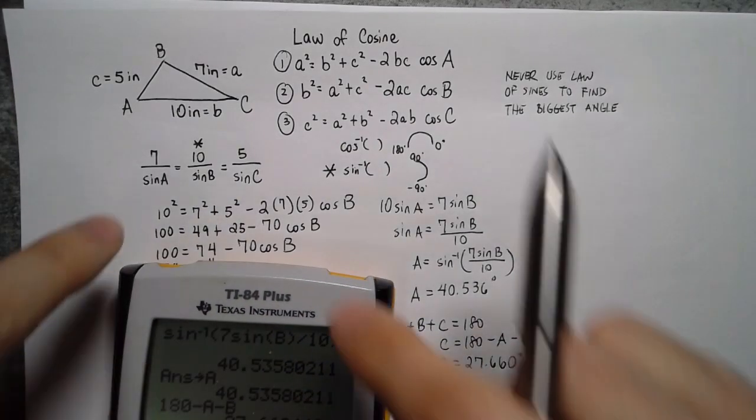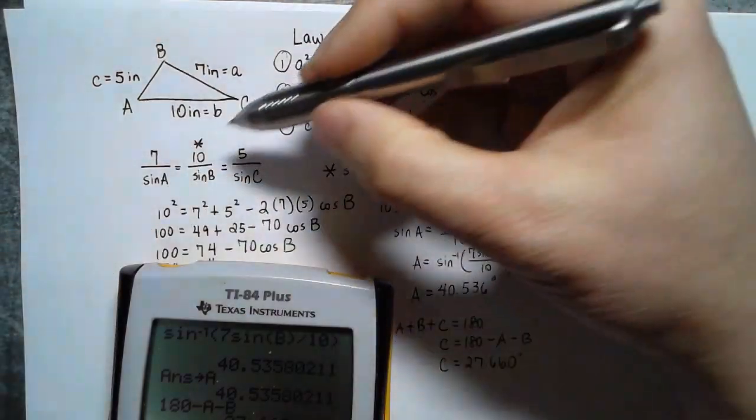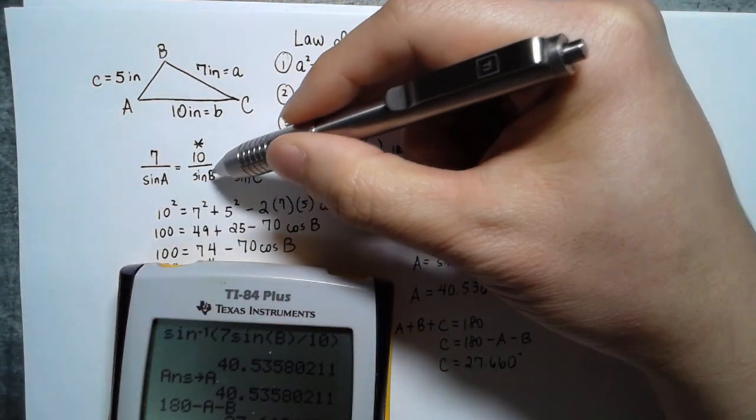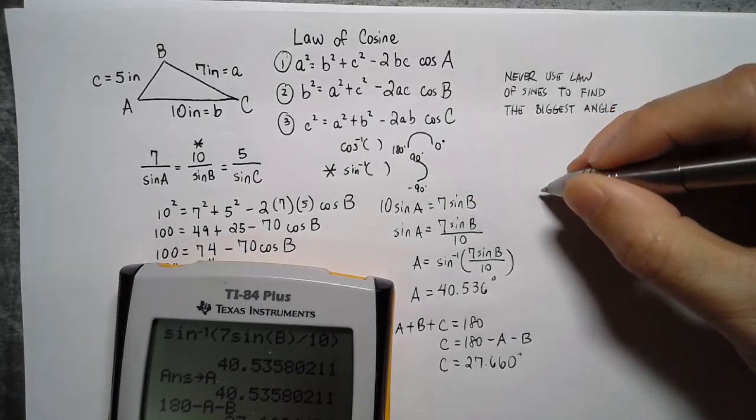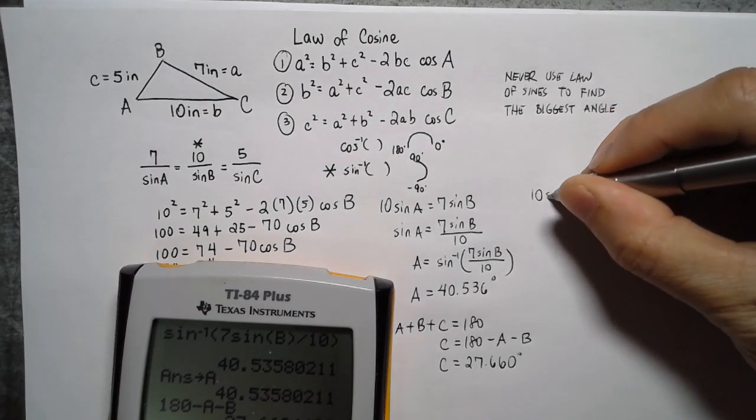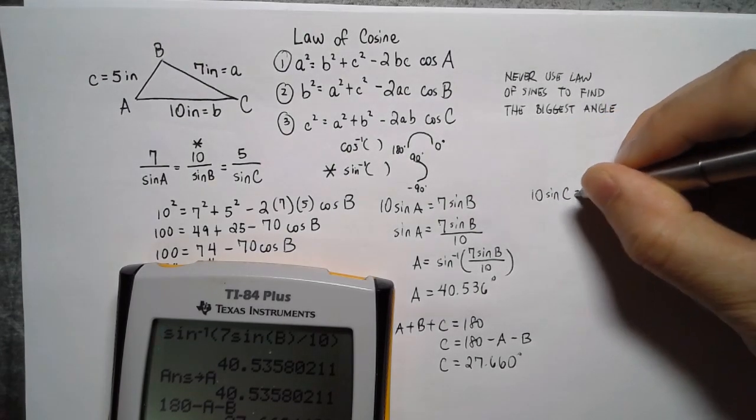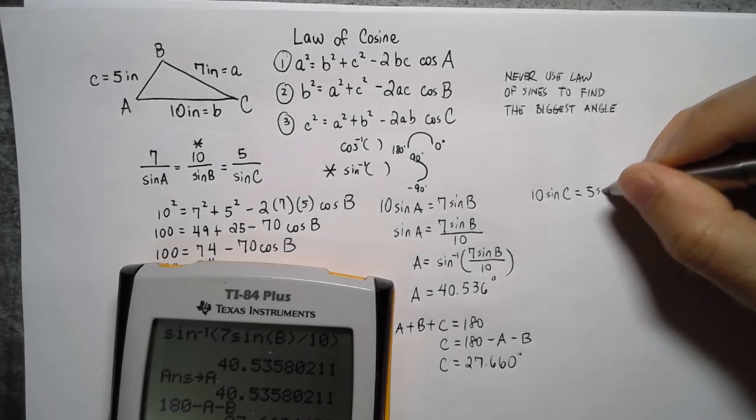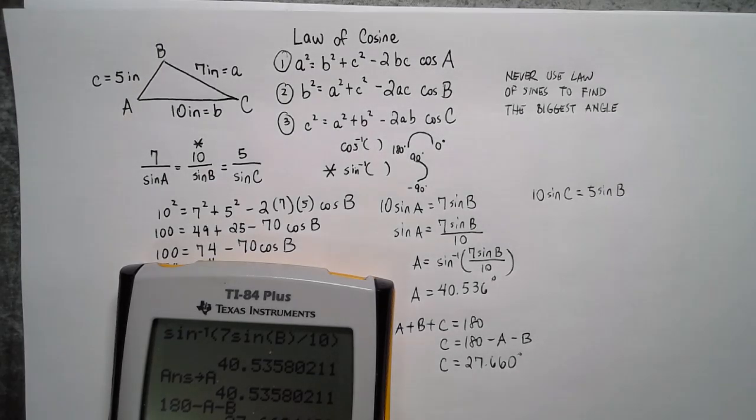I'm cross multiplying 10 sine of C and 5 sine of B. So just to show you why it would be wrong, because the angle I know is supposed to be bigger than 90 degrees, and this method will not get you an angle bigger than 90 degrees.